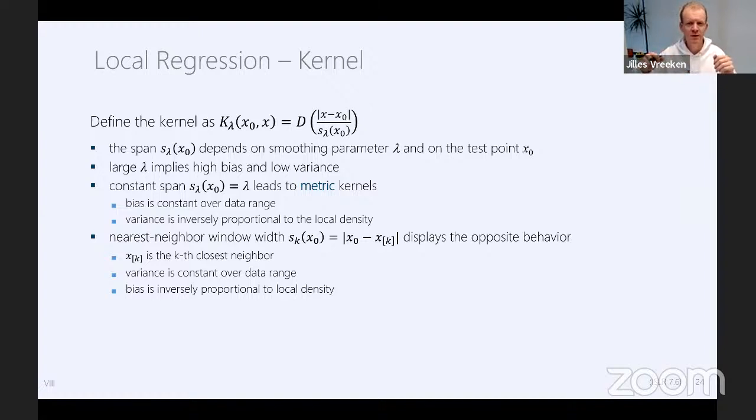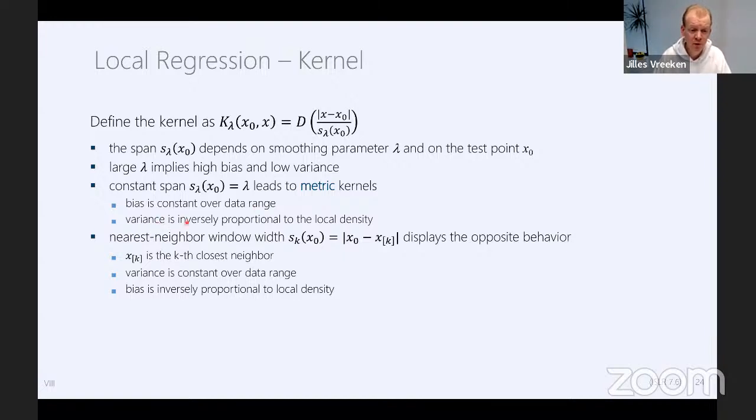Why is this important? Essentially, what we're measuring is how important the distance from the query point to any other data point is. If this is metric, then we can start to compare distances, and we have all sorts of analytical goodness. In addition, biases are going to be constant over the data range. So we're not more biased in this part of the data than that part of the data. So this is a desirable feature.